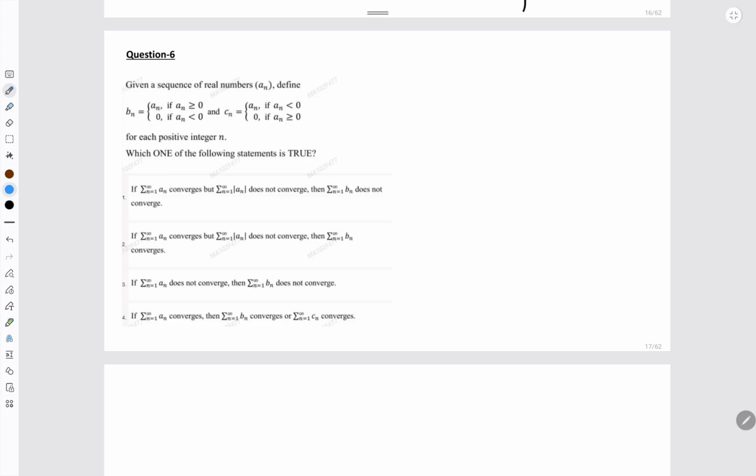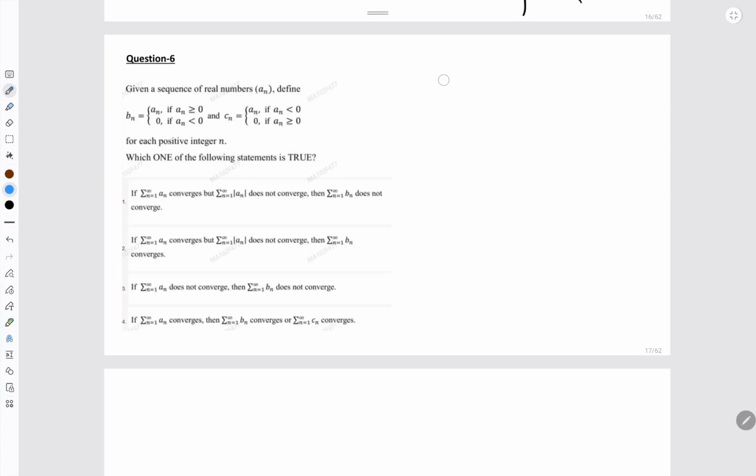So question number 6, it is saying we have been given two sequences, and based on that we have to decide certain convergence or not. There is a sequence and we have been asked about the convergence of series, right? So let us do a_n first, because it is the backbone of these two series. a_n is a sequence of numbers. We are not given a positive series or negative series or alternating series. It can be any arbitrary series, so a_n will have some positive terms and some negative terms.